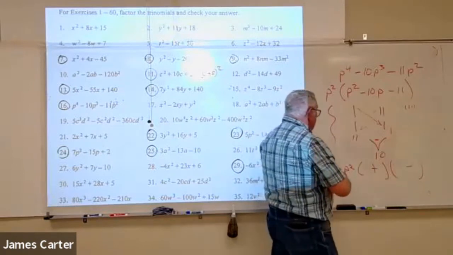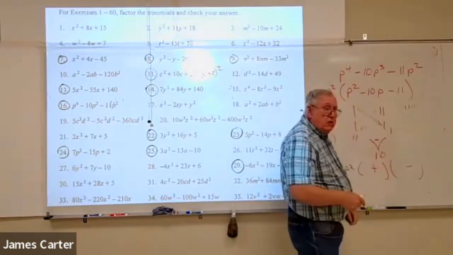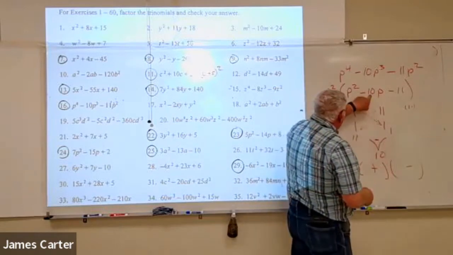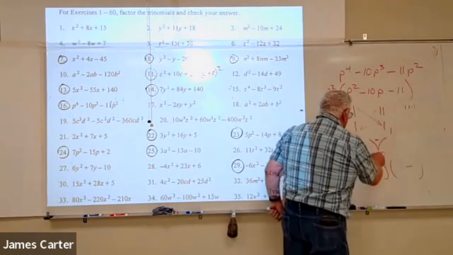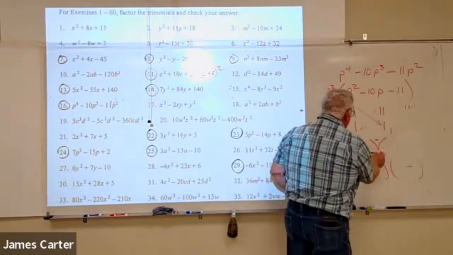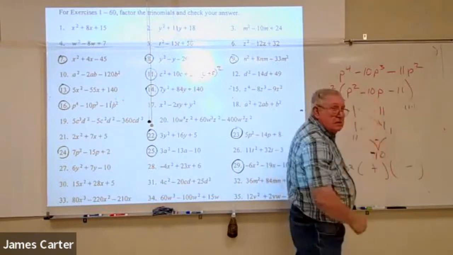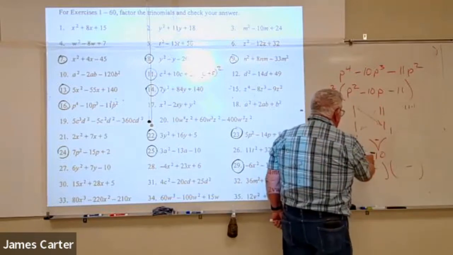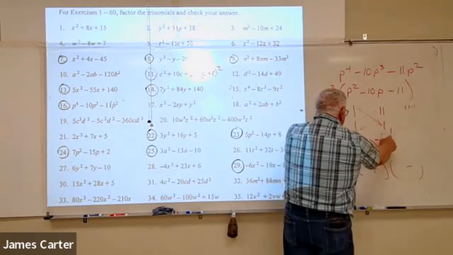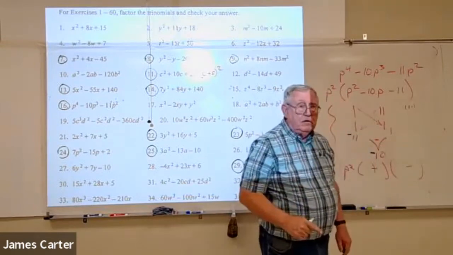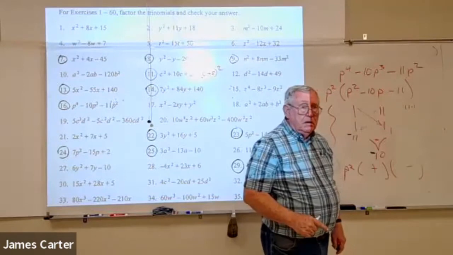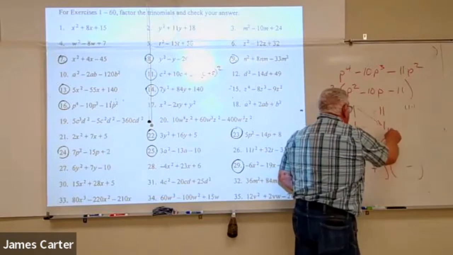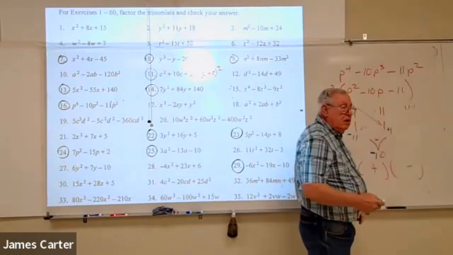Okay. The only thing left is how to determine which sign goes with which. That's a negative. Okay, so this one has to be negative because what you're doing is you are matching this to that. Now, since that's a negative after you subtract it, the biggest of these two has to be a negative. Well, if they're different signs and that one's negative, then this one has to be positive.